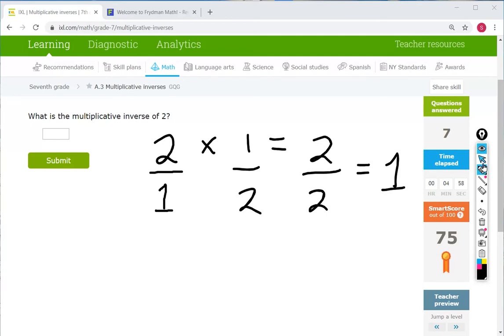So whenever IXL gives you a whole number to find the multiplicative inverse of, you could just put it over 1 and then take the reciprocal of that. Okay, so my answer here is going to be 1/2.